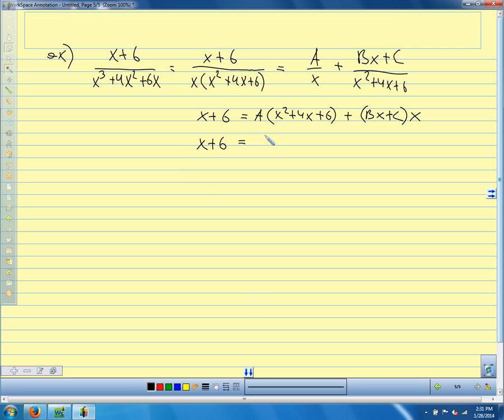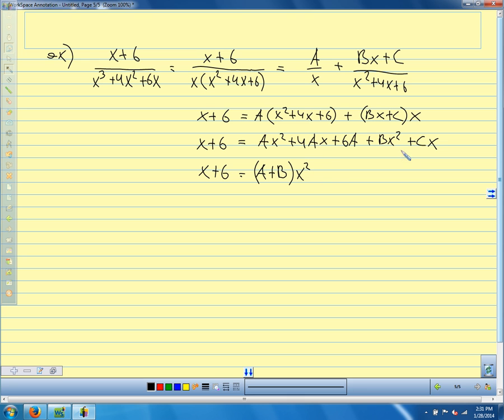So we get ax squared plus 4ax plus 6a plus bx squared plus cx. Combine all my like terms. I have an ax squared and a bx squared, so I get a plus b times x squared.